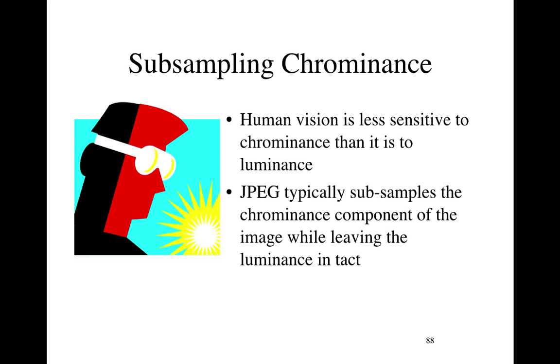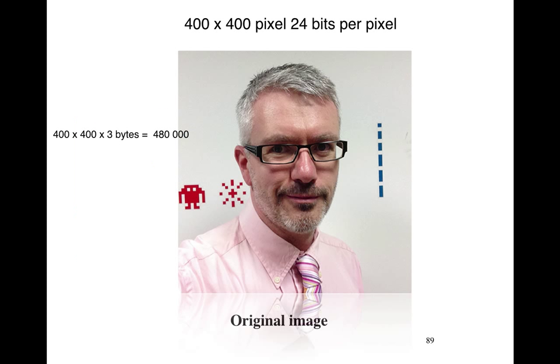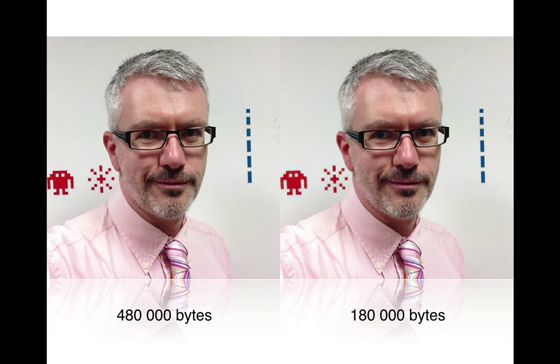And we saw that JPEG does some subsampling. I showed you this, did I not? And the point here was that when you subsample the color information, when you subsample the chrominance, it's not so bad.